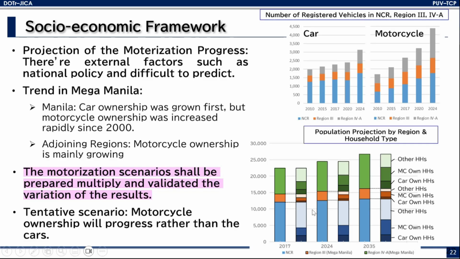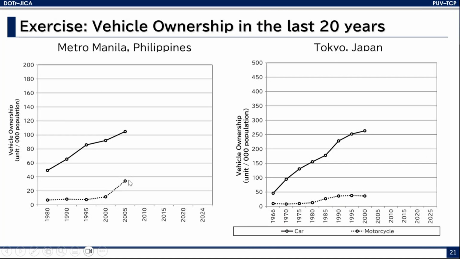So as a tentative scenario, I suppose that motorcycle ownership will progress later than the private cars, reflecting the recent situations in Metro Manila.